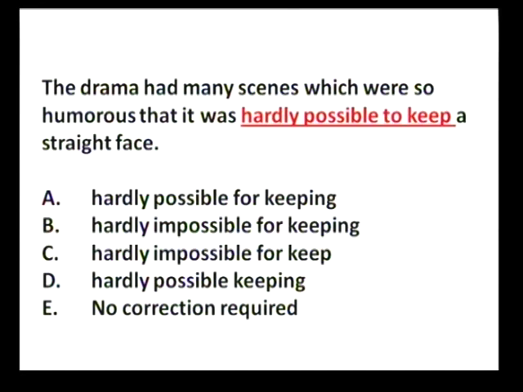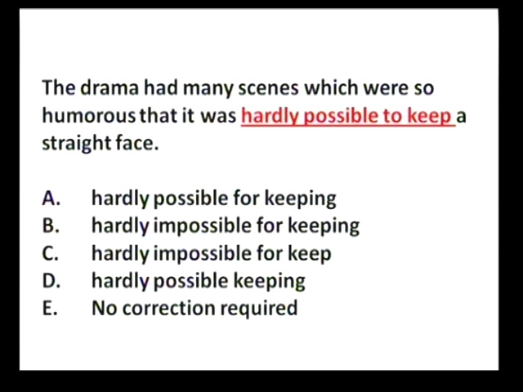The drama had many scenes which were so humorous that it was hardly possible to keep a straight face. To keep a straight face means what? Not laughing. Okay. Now options. The drama had many scenes which were so humorous or funny that it was hardly possible for keeping. It was hardly impossible for keeping.